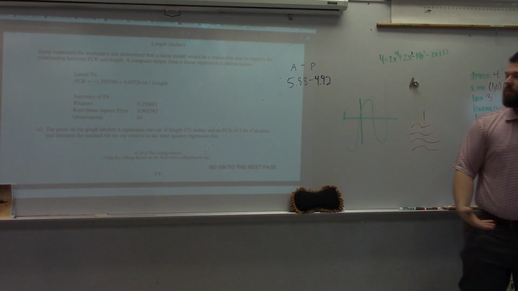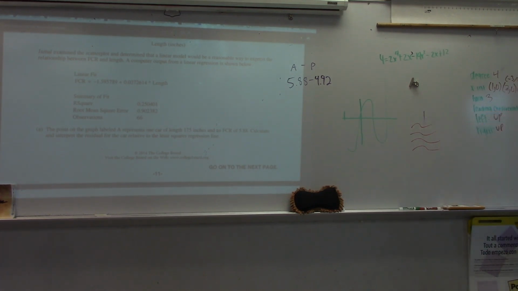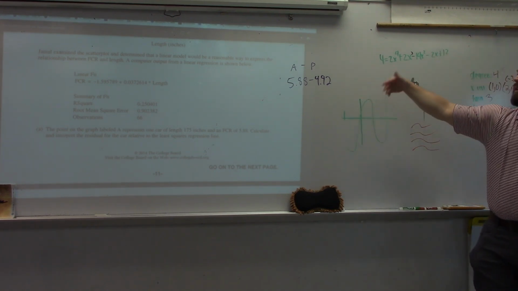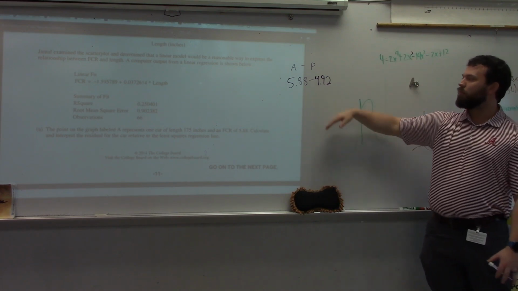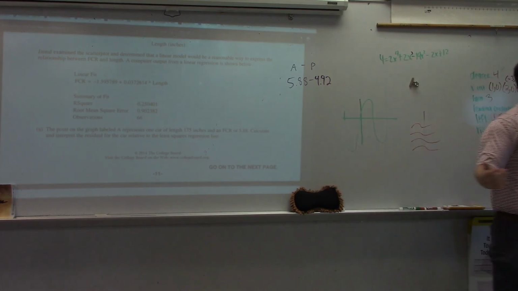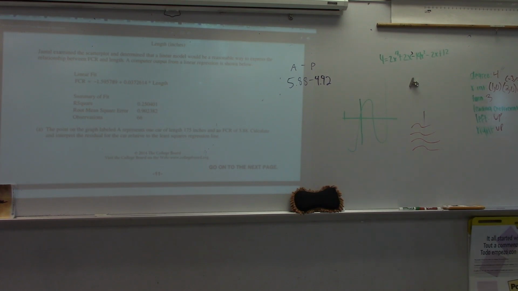So when we interpret it, the actual, and that's a Y value, so the actual fuel consumption rate of a car with a length of 175 inches was 0.96 gallons above what was predicted. So it has a higher fuel consumption rate than what was predicted. Not necessarily something you want.